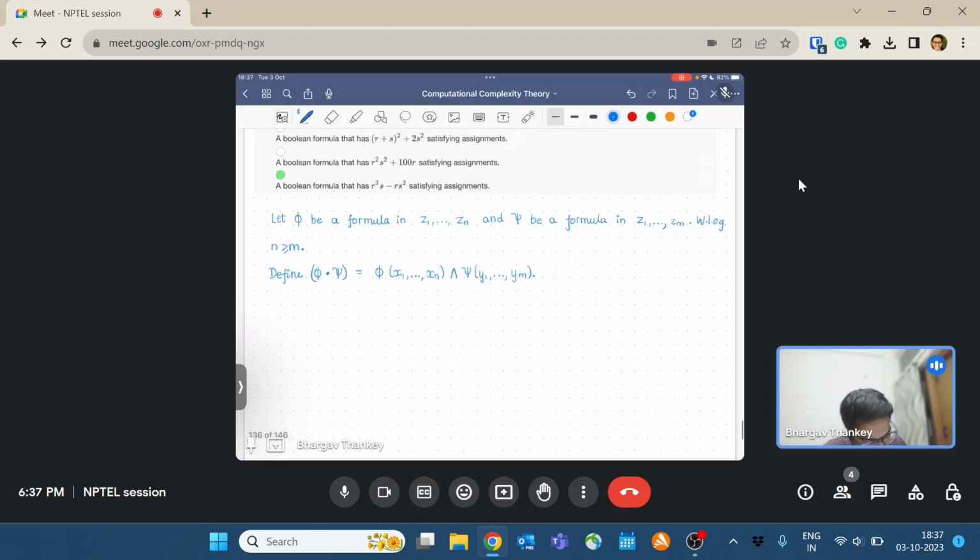Okay, and the claim is that the number of satisfying assignments of phi times psi is going to be the number of satisfying assignments of phi times the number of satisfying assignments of psi. And the reason is the following. When is the assignment x1 to xn, y1 to ym going to satisfy phi and psi? If and only if it satisfies phi and psi both, right? So x1 to xn must be a satisfying assignment of phi, and y1 to ym must be a satisfying assignment of psi.